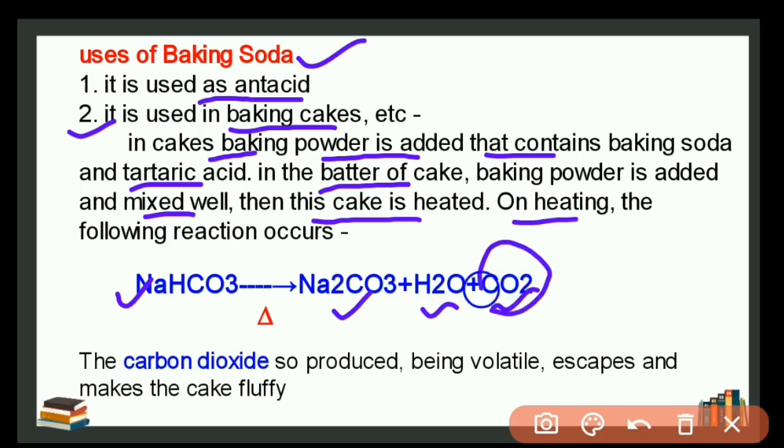The CO2 gas evaporates and makes holes, and these holes make the cake spongy. The carbon dioxide produced escapes and makes the cake fluffy. So by forming CO2 gas, the cake becomes fluffy and spongy.